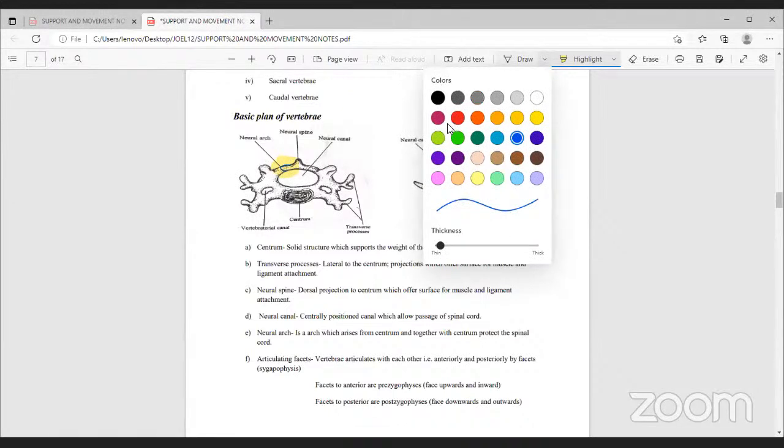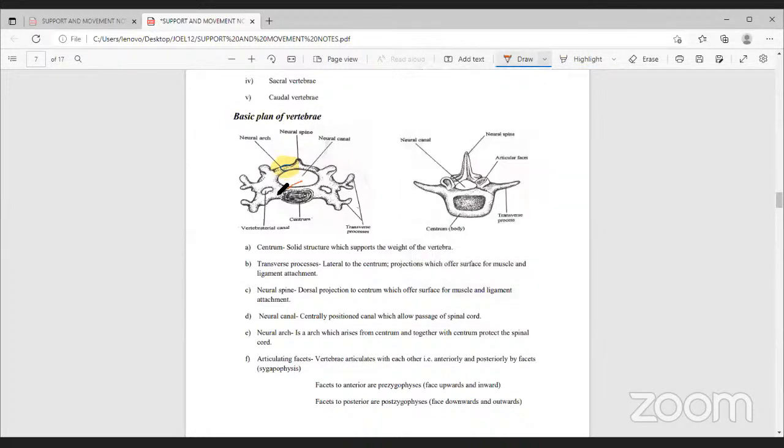So if you look at this centrum here, this solid structure that you are calling the centrum, moving in this direction, that is where we are having the neural arc. That is why we are saying that the neural arc arises from the centrum. Together, the neural arc and the centrum work together to provide protection to the spinal cord passing through the neural canal.